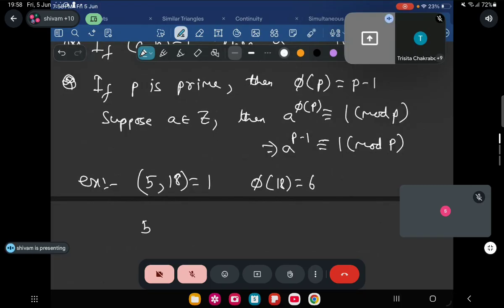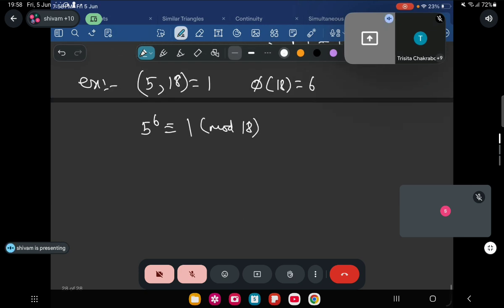So see, is 5 to the power 6 congruent to 1 mod 18? Just check. How to check? You see, what is 5 cube? 5 cube is equal to 125. When you divide 125 by 18, what are you getting? Divide and tell me what is the remainder.